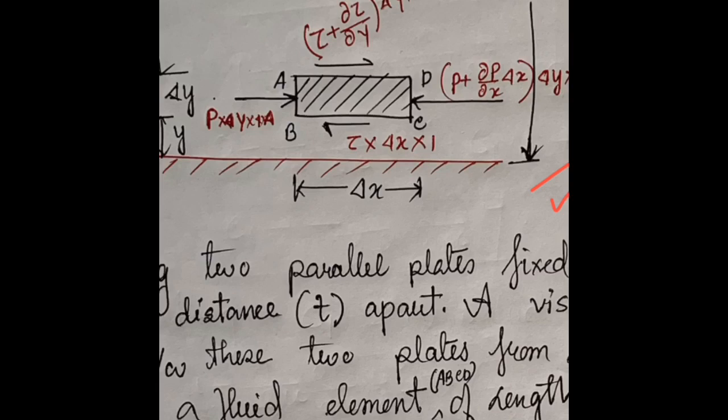The dimension of the element ABCD is del x, del y, and thickness is t. And you can take the area as unity. The area of the fluid element you can take as unity.